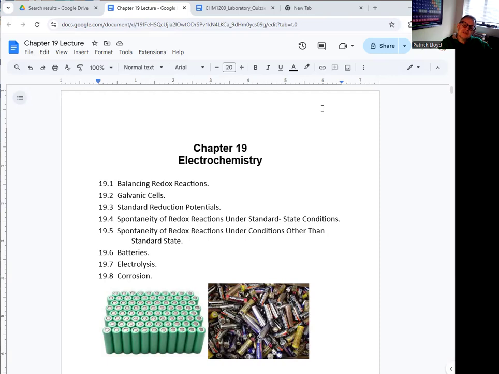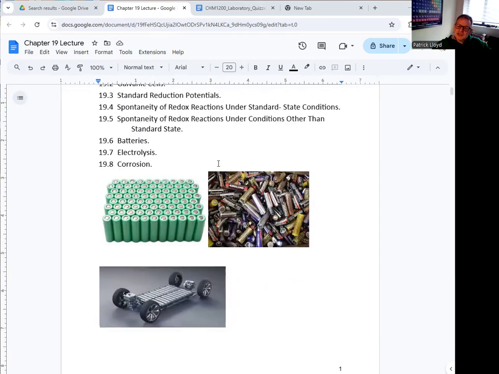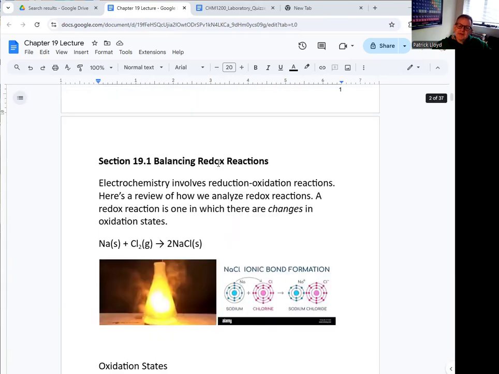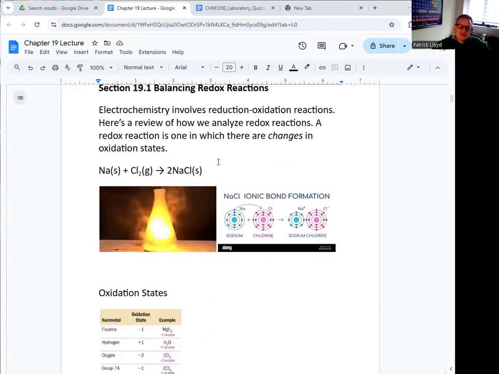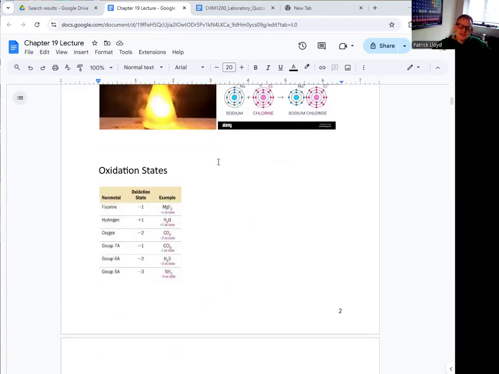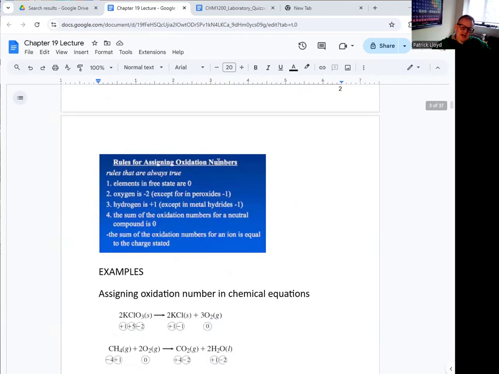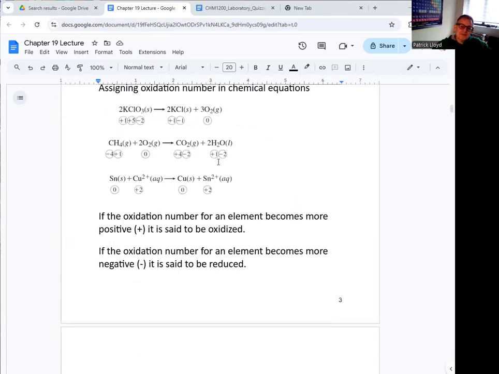So what we do in this chapter is we begin by looking at redox reactions and balancing for the most part. Really, what we do in the first couple of topics, you'll see this in the Alex homework, is we do a lot of balancing of redox reactions. So the notes here have some discussion of oxidation states, the rules for assigning oxidation numbers, right?